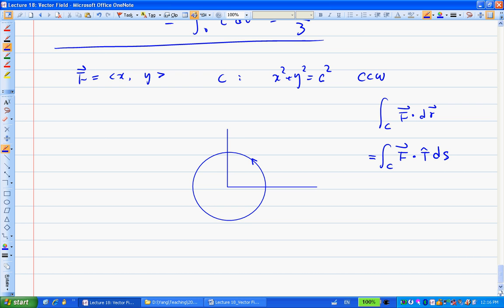The T hat, you should understand, is a tangent vector of the curve. So let's see, if I have a point over here, the tangent vector is a tangent, right? So anywhere along the curve here, according to the vector field, where does that point into?